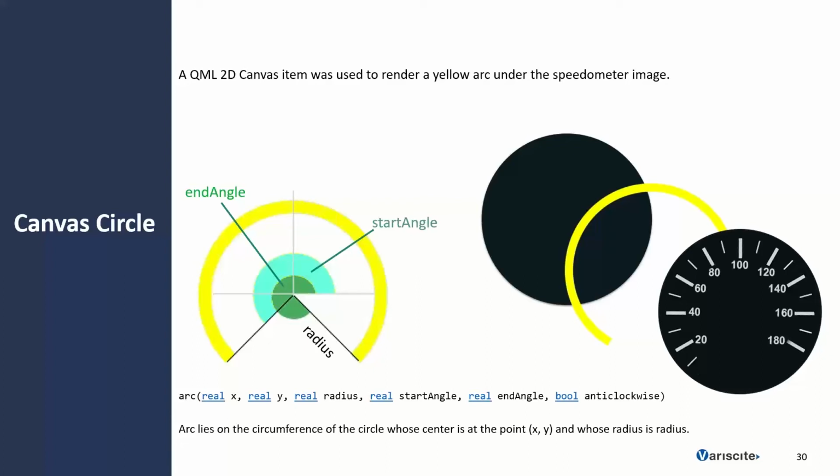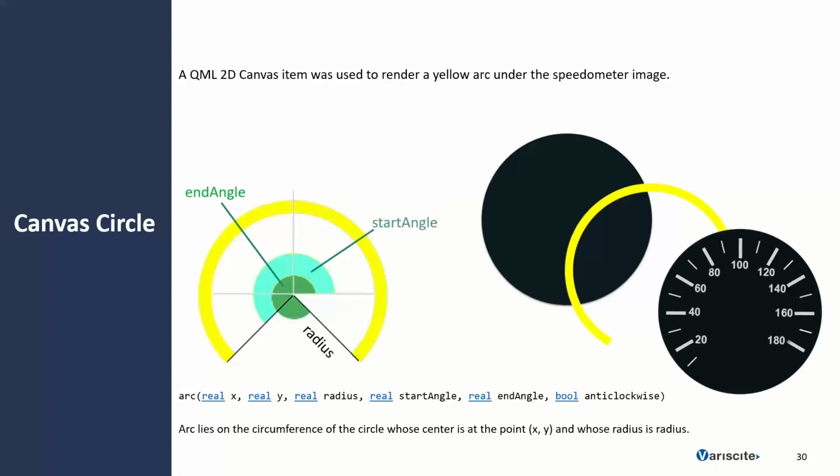And there is a dedicated API that you can call, arc, where you provide the center, X and Y, the radius, the start angle, and the end angle. And you can also decide if it is clockwise or not. Just remember that, unless there is rotation, the angle always starts on the right.